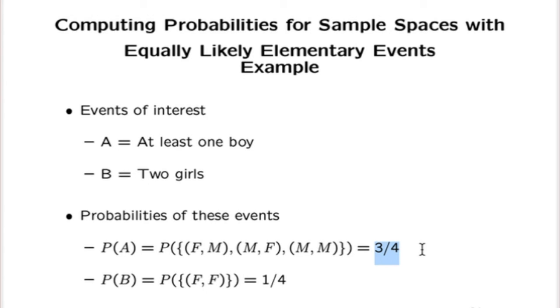So 3/4, or 0.75. The probability of getting 2 girls is the number of ways they could have 2 girls, which is just 1, divided by the total number of possible outcomes, which is 4. So the probability of B is 1/4, or 0.25.